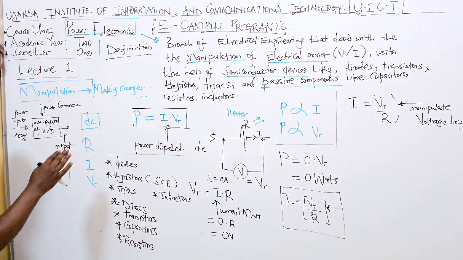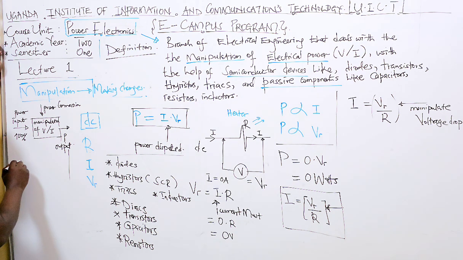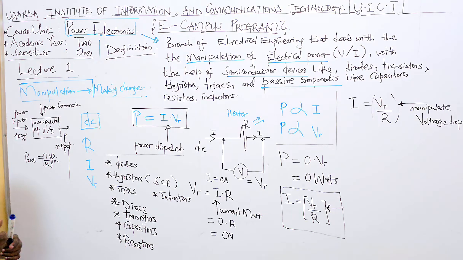Let's say we give it 100% of whatever we had. Let's say 10 watts, 100 watts, whatever. Then when we measure the output power, it is just a fraction of the input. So P out is equal to some fraction times the input power, P in.